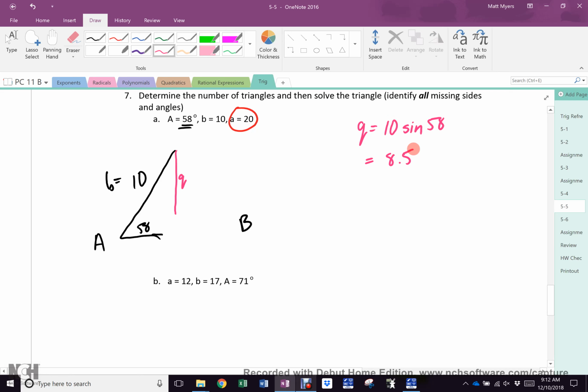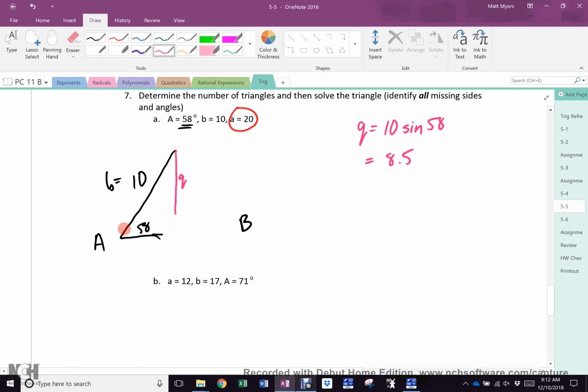Now, is 8.5 for Q greater than or less than the side we know? Less than, yeah? Okay. So that means if it's less than that, it could reach all the way down, yes?